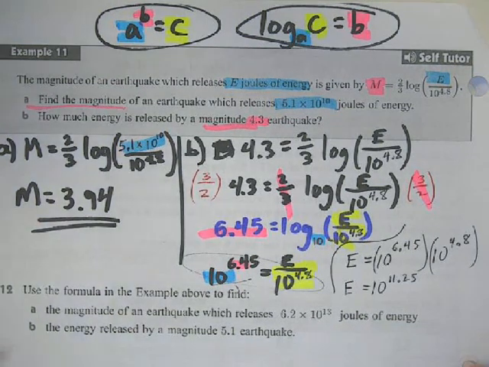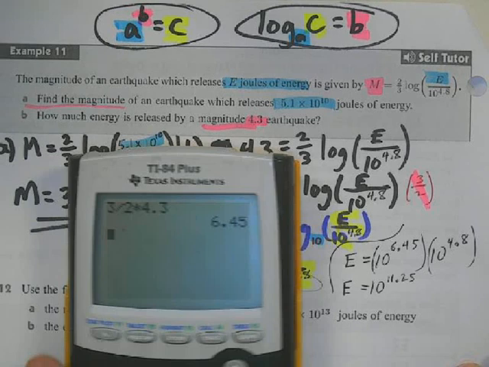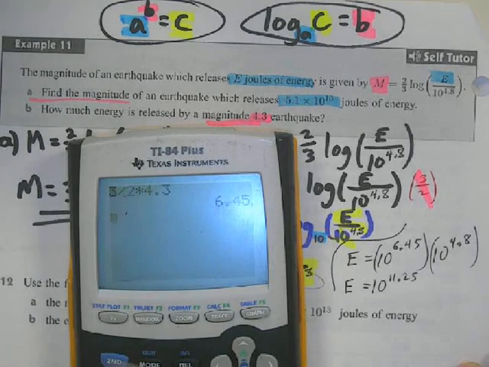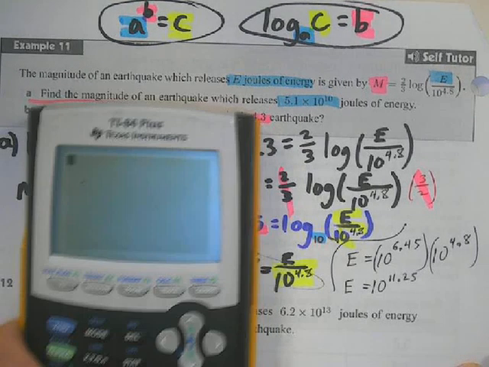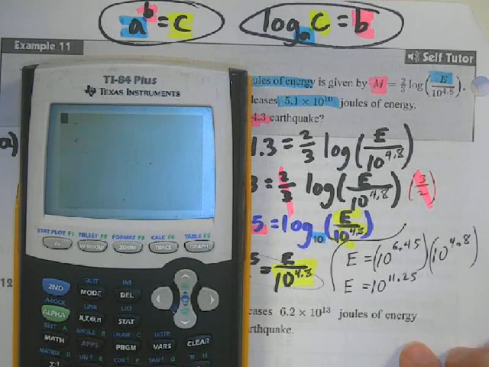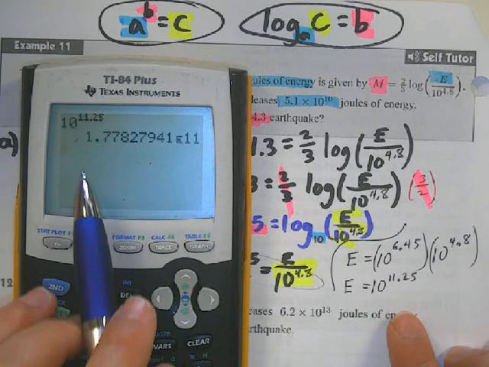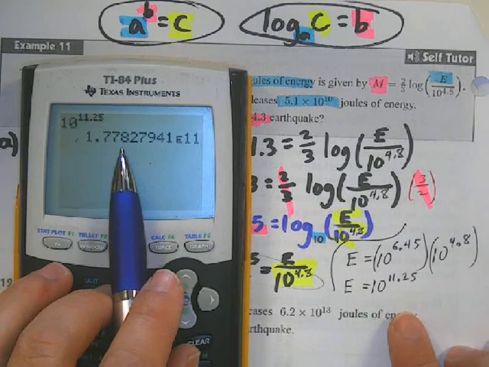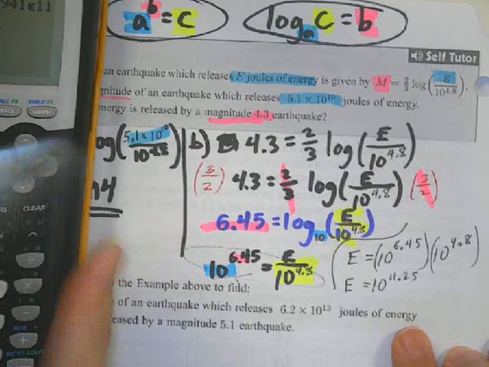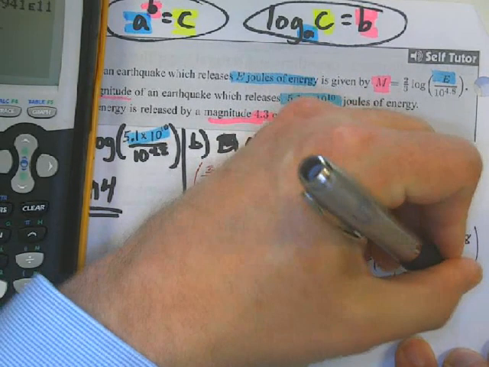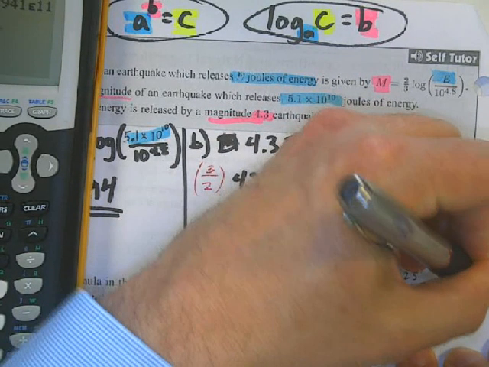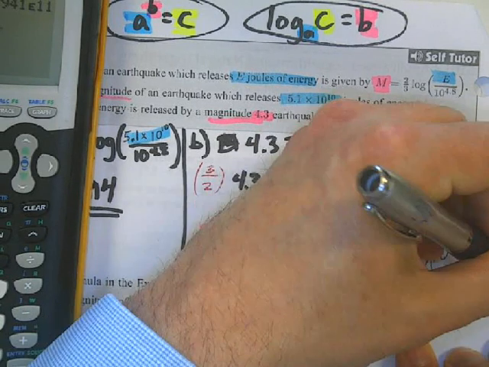And if I put that into my calculator, I get 10 to the power of 11.25, and we get 1.78 to the power of 11. Okay.